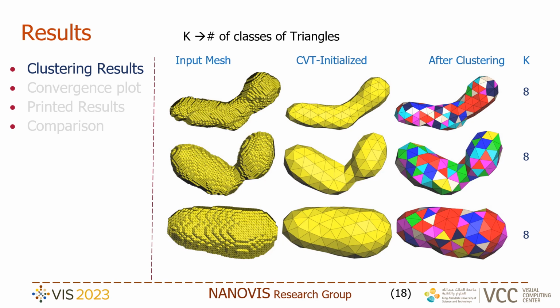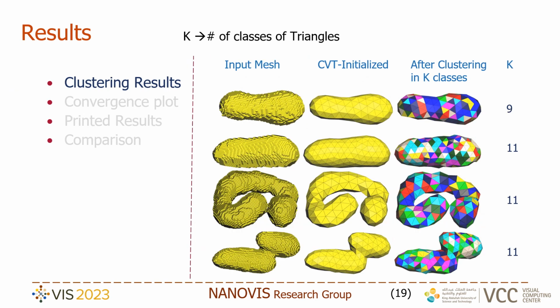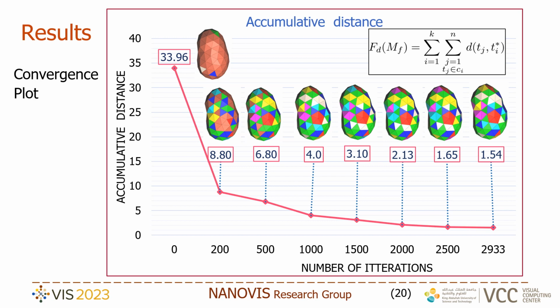Again, input mesh, CVT initialized, and after clustering with k equal to 8. Some more models with input, CVT, and after clustering with k equal to 9 and 11. This plot shows the minimization of the cumulative distance with the number of iterations until we reach a given threshold. The threshold is the highest value of the acceptable clustering error, that is, the acceptable degree of dissimilarity.